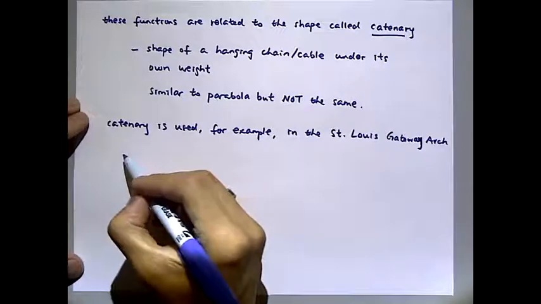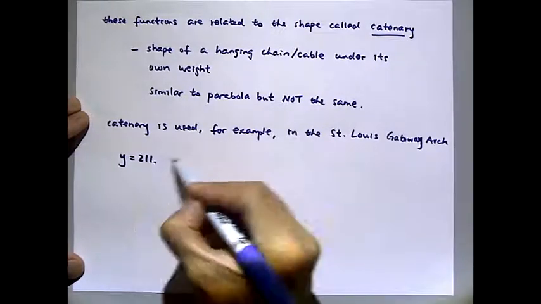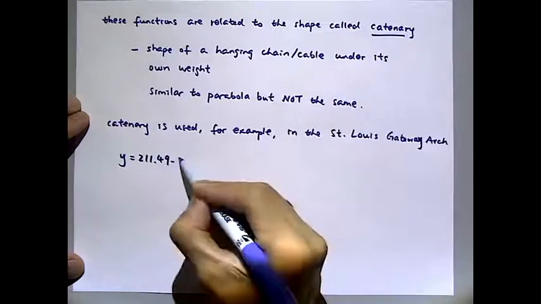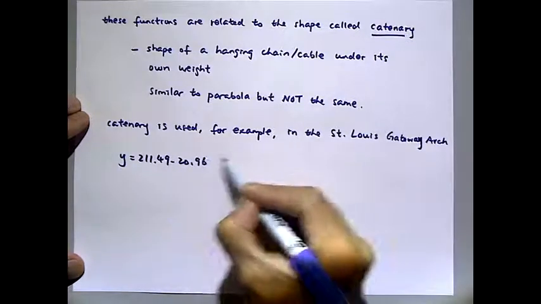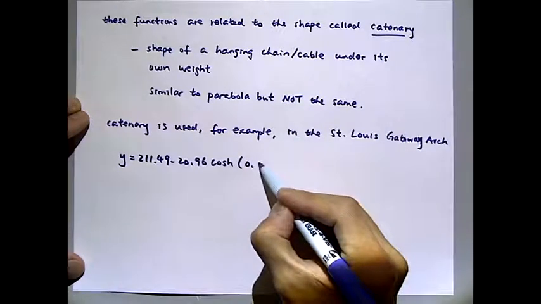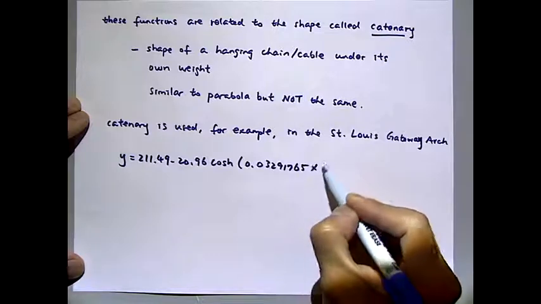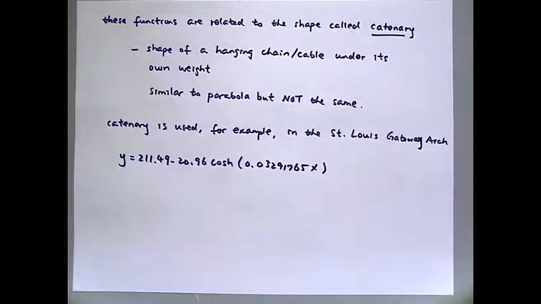The equation for that archway, if you're interested, is this thing: 211.49 minus 20.96 hyperbolic cosine of 0.0329175 times x. And x is measured from, if I remember, the center, I believe.